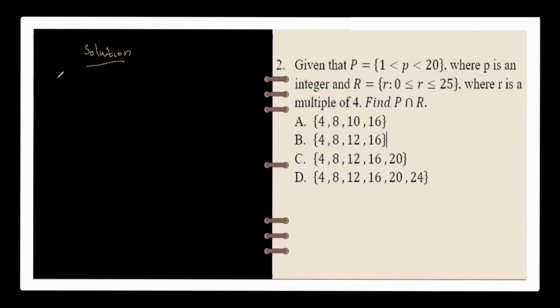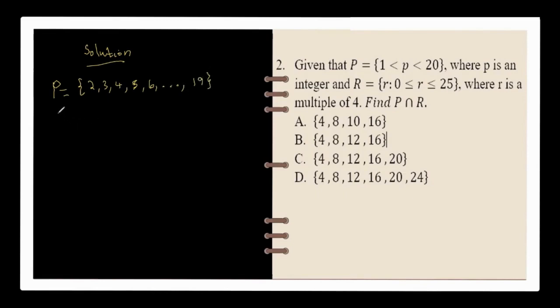So we can write P. We are looking for whole numbers between 1 and 20, but 1 and 20 will not be there. So we pick 2, 3, 4, 5, 6, and so on, and we stop at 19 because 19 is less than 20.